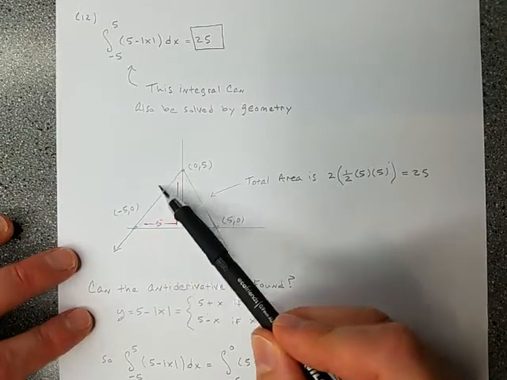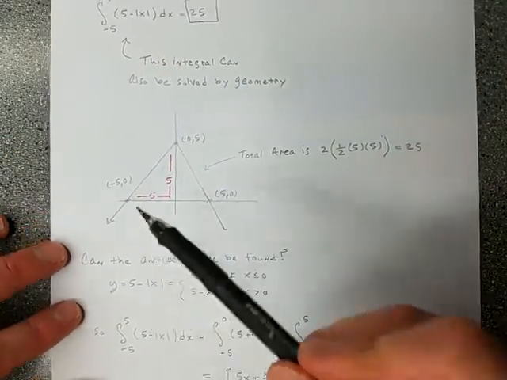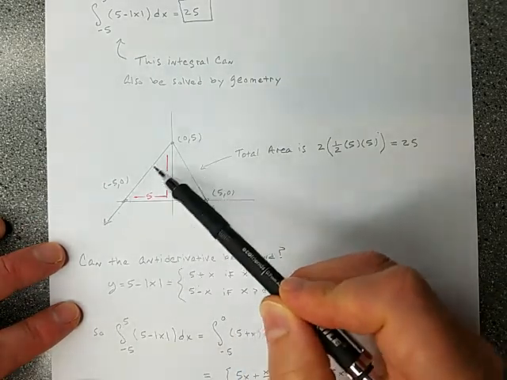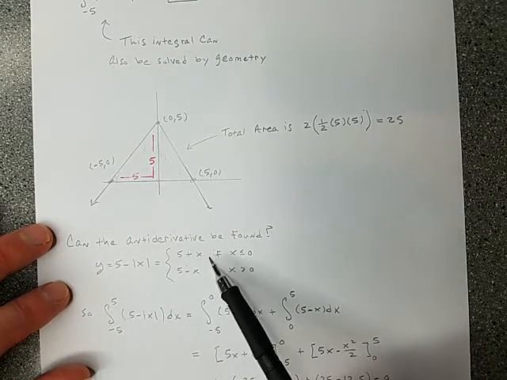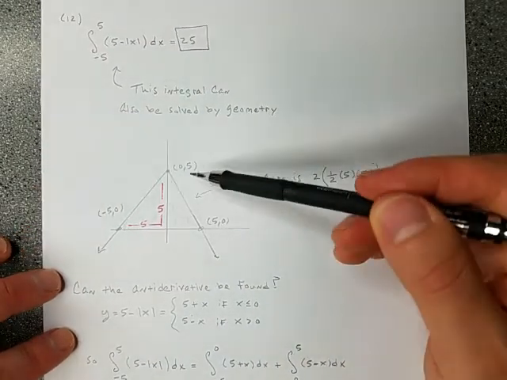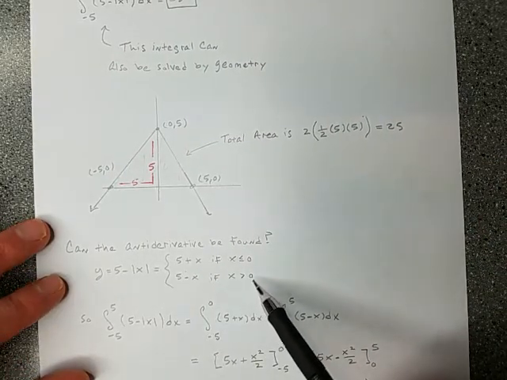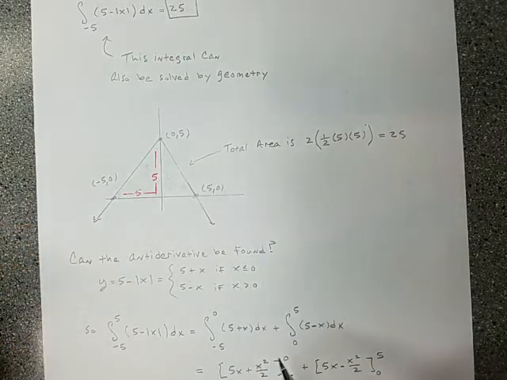You see this absolute value curve. It's actually a piecewise function. Here's a line, and here's a line. This line, based on the points on it, is y equals 5 plus x if x is less than 0. This line is y equals 5 minus x if x is more than 0. Well, that's the whole thing right here. This piecewise function is the whole thing.